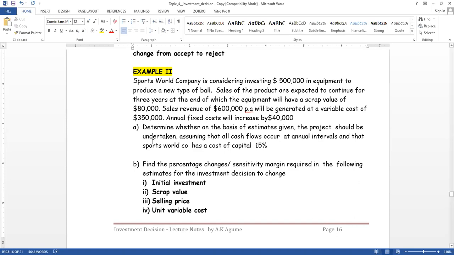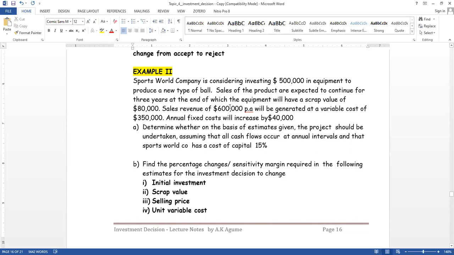So you need to first evaluate the above project using the variables given here. Okay, the initial outlay is 500. Then you expect to receive sales for the 3 years, and the sales revenue is 600,000 per annum.